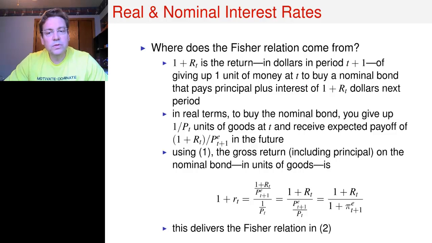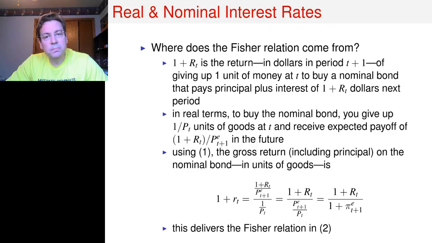Now, in real terms, to buy that bond, you had to give up 1 over P units of goods. So we're thinking about you buy a bond for $1. Okay, so 1 over P is the units of goods that you give up at time T.